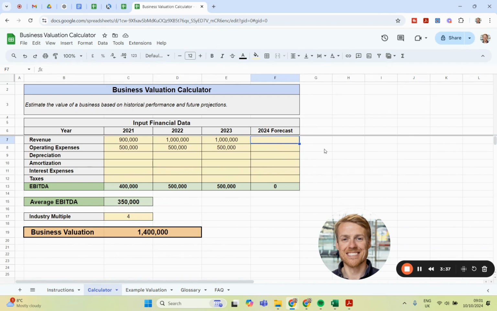Now, there's a very important reason why I like to include a 12-month forecast in the valuation. So this column here, column F. The reason is because a lot of business owners, when you are speaking with them about potentially buying their business, quite often you will hear phrases like, next year is going to be my best year ever. We've done all of this. Next year is going to be fantastic.